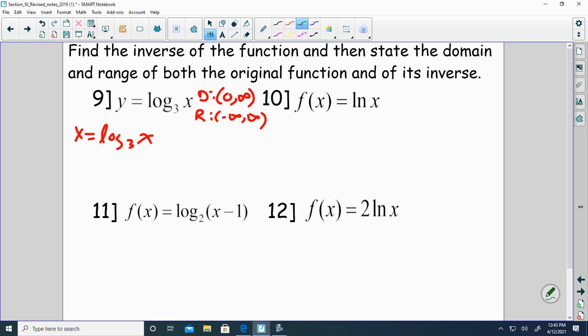Oops. Boy, I tell you, can't take me anywhere today. So to undo this, I'm going to go 3 raised to the. So that's 3 to the x is equal to, those cancel, y. And now we have to be careful.